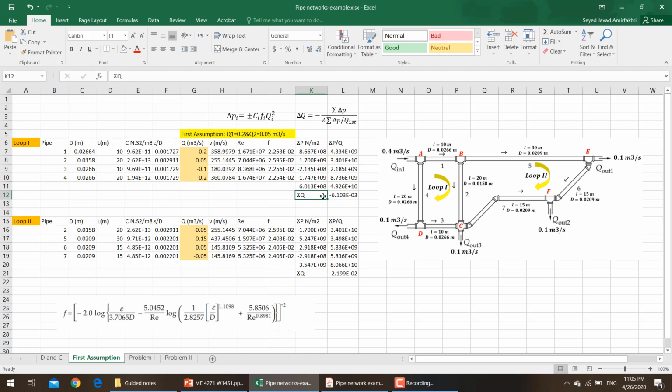For each loop, delta Q equals the negative sigma delta Pi over 2 times sigma delta Pi over Qi. Correct? Yes. Now you have actually finished the first iteration. You calculate the delta P, you calculate the delta Q, and now you can calculate the new Q, the second Q, correct?